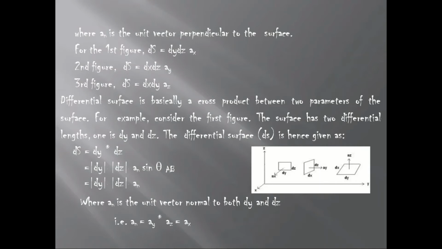So for further discussion, dv is equal to dx dot dy cross product dz. We know dy cross product dz is dy dz a_x, as we get from the last one, so dx a_x dot dy dz a_x.